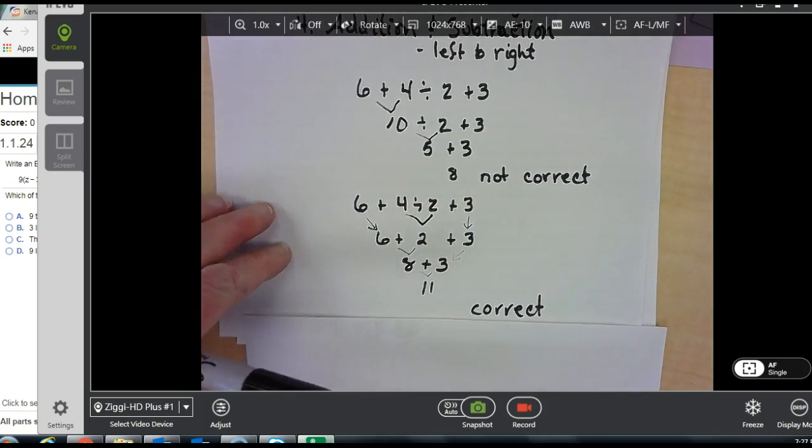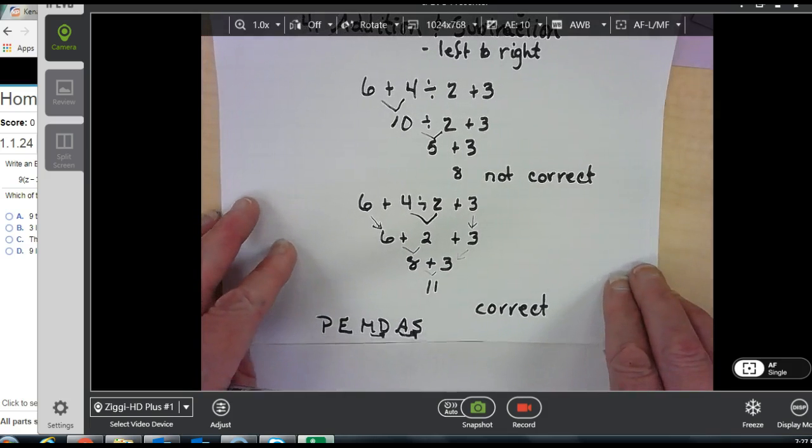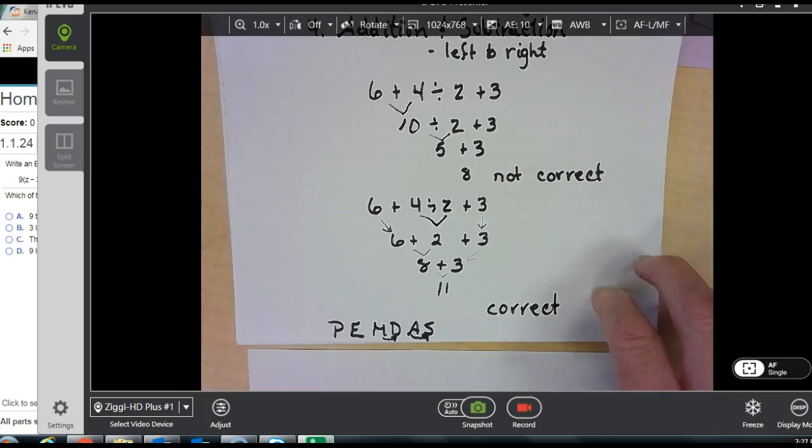One way to keep our order of operations straight is using the acronym PEMDAS. PEMDAS, P for parentheses, E for exponents, M and D for multiplication and division. I usually put my little arrow to show I go from left to right. Addition, subtraction, again, left to right.